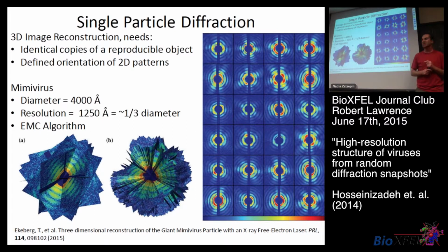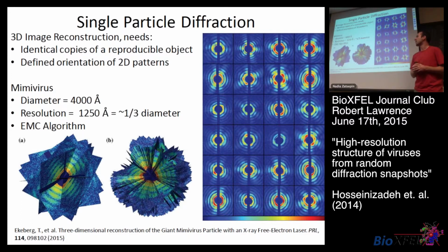So far we've been pretty limited in gathering high resolution data from single particle diffraction. In terms of what's been done experimentally, the Mimi virus is probably the best example. There was a paper that just came out this year, a follow-up from the original Mimi virus paper back in 2011, and they did 3D image reconstructions of 3D diffraction patterns, and were able to do the reconstruction up to about 125 nanometers, or 1250 angstroms if you're a crystallographer.